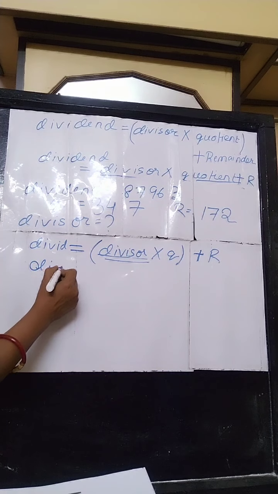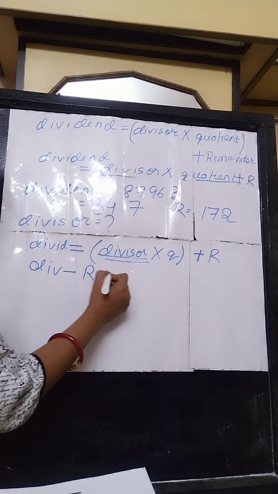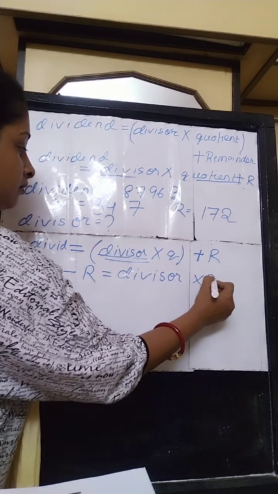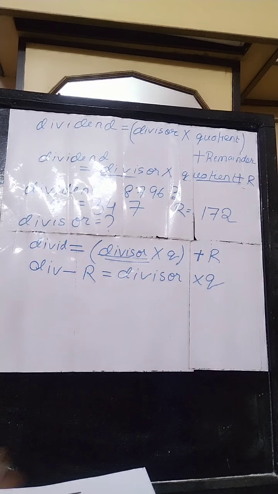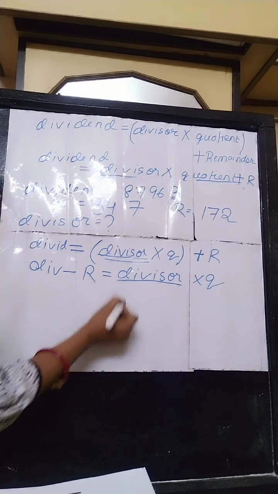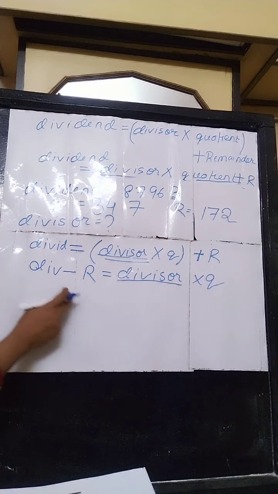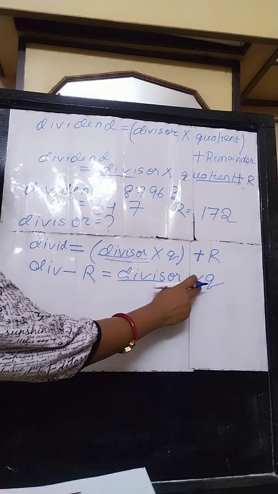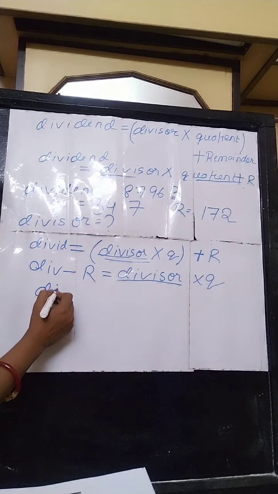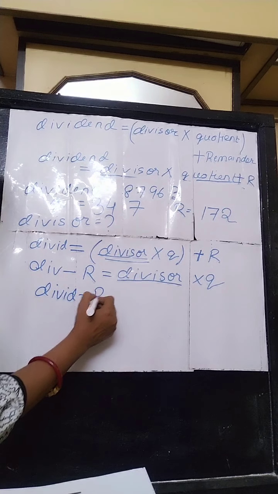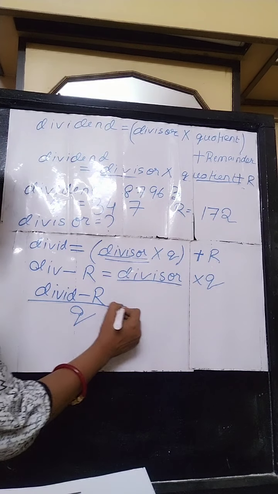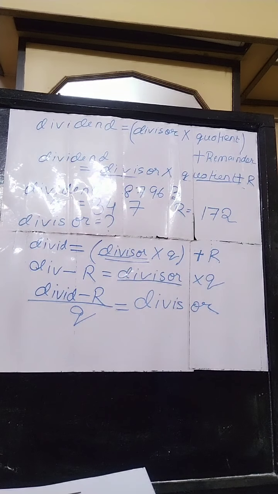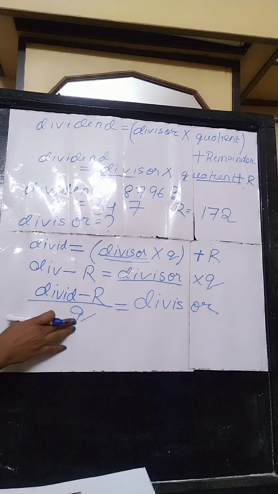So dividend minus remainder is equal to divisor into quotient. Divisor we have to find out, so we will keep divisor on the right hand side and quotient we will bring to the left hand side. It is multiplied on the right hand side, so on the left hand side it will be divided. So dividend minus remainder by quotient is the formula to find out the divisor.